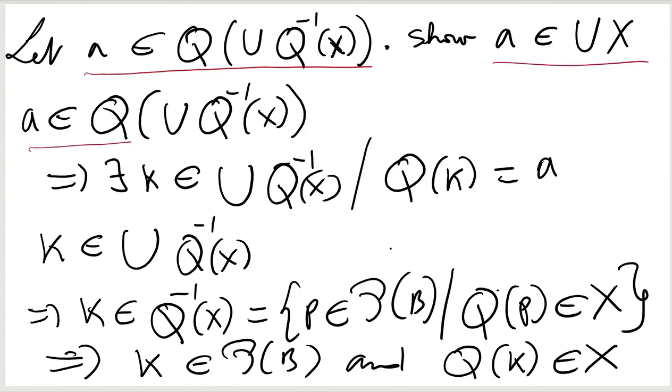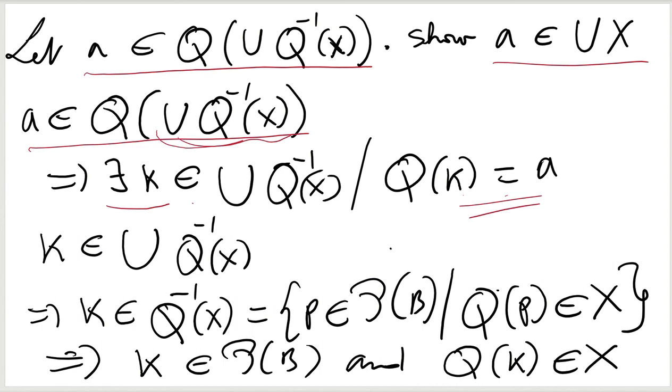Because a is in this set, that means there must exist a certain k, because q is a function, such that q of k equal to a, right? That means there exists something in that set such that q of k equal to a.